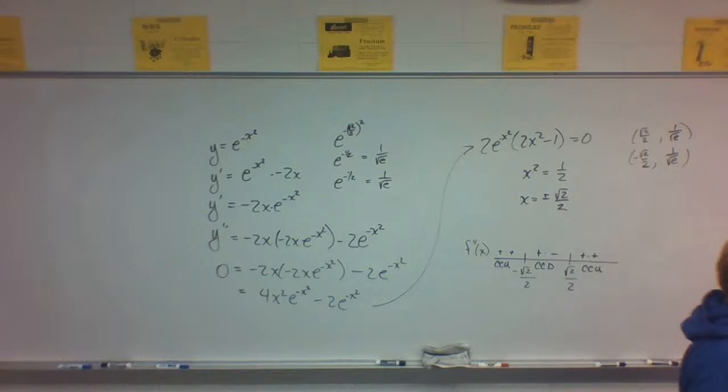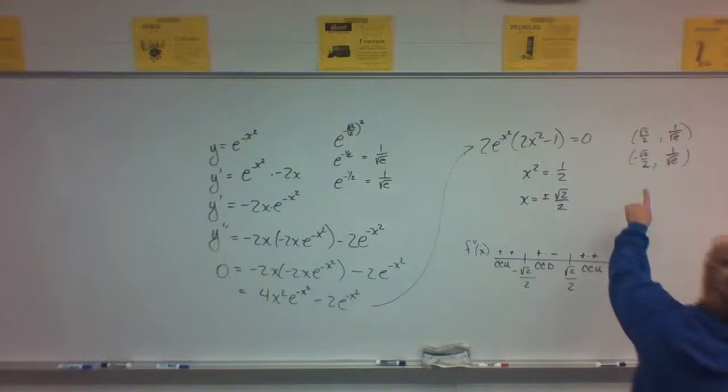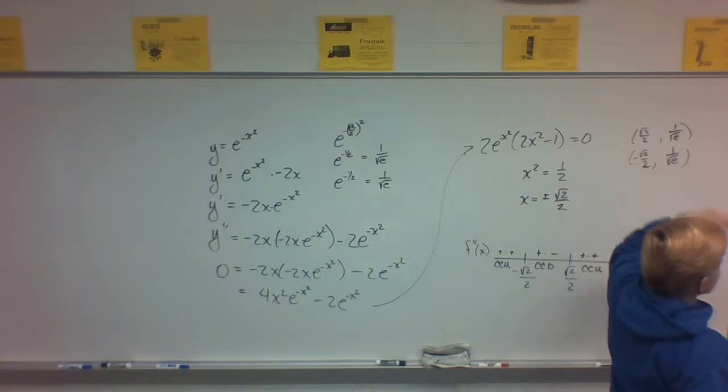And if you look at the graph they have for you on the bottom of page 208 on the left, you can see that they have the same height. Because this is an even function. Remember what even means? Y-axis symmetry. So the two inflection points are up the same height because they occur at positive and negative the same thing.